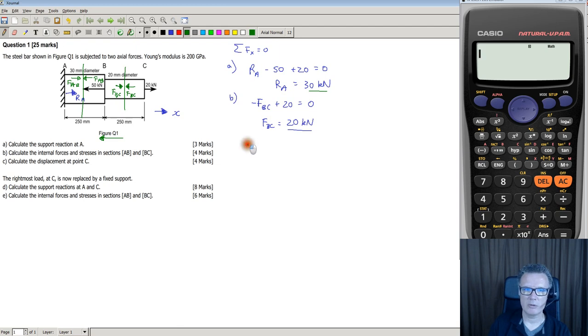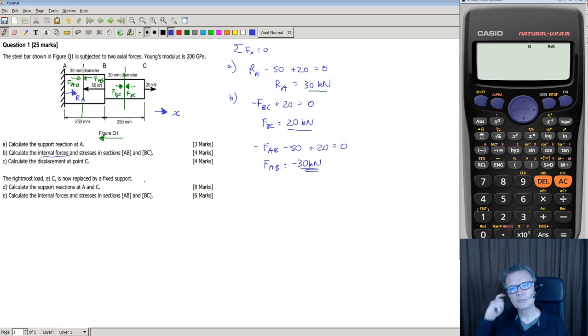So we only have minus FAB minus 50. I'm going to skip the FBCs, and plus 20 equals 0. So that becomes minus 30 kilonewtons. So that's the internal forces done.